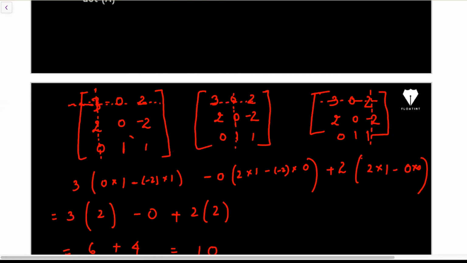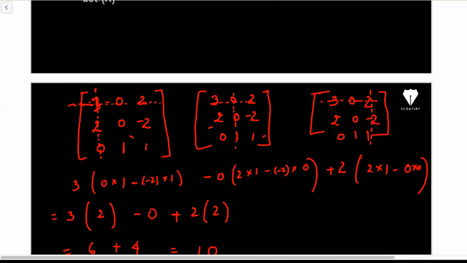For the middle one, again from this 0, two lines will intersect this 0, row wise and column wise. For the rest of the elements you do the same thing: 2 into 1, this element multiplied with this element, and then negative of -2 into 0.